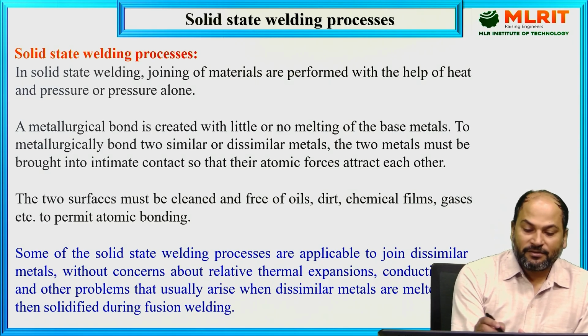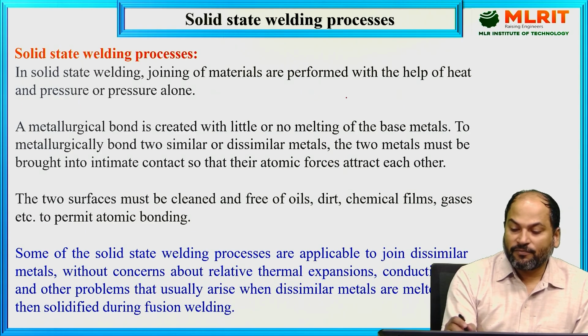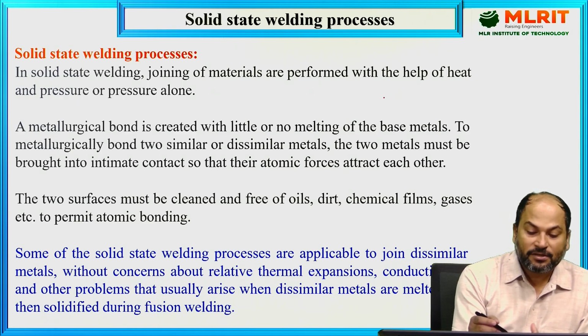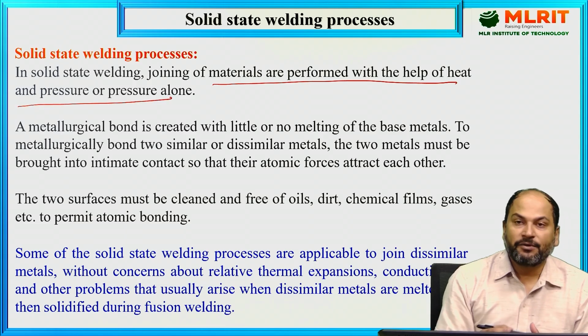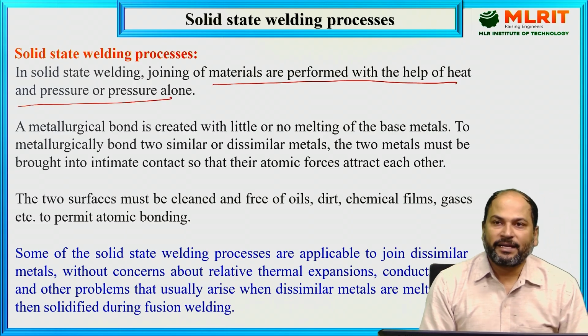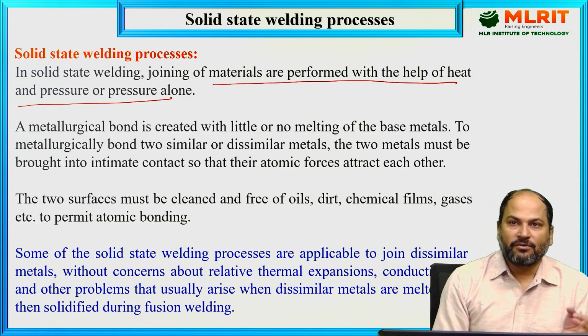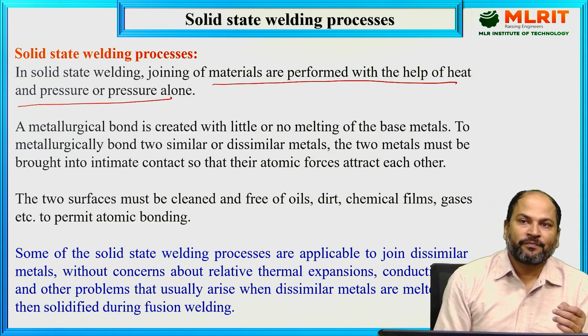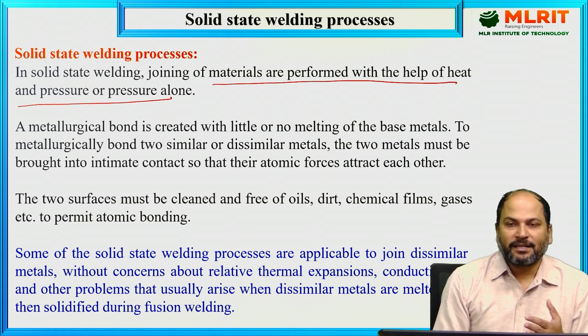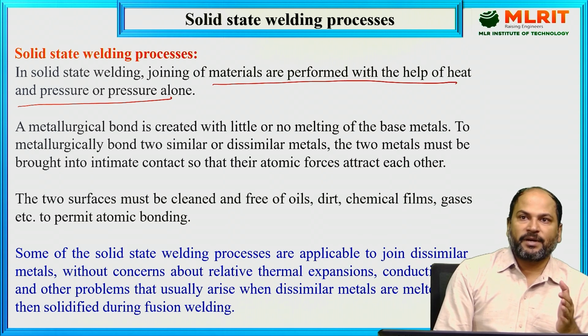In solid state welding, joining of materials is performed with the help of heat and pressure, or pressure alone. Anything is possible: during the welding we may need to apply heat, or maybe heat is not required and only because of pressure we can do the welding, just like in roll welding. We'll see it when it comes. There you can apply heat, or you are also free not to apply heat depending upon the situation.